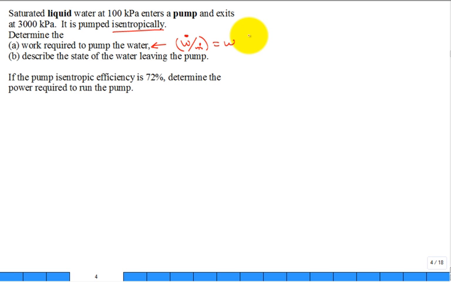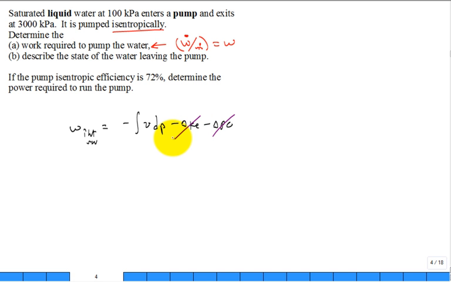Well, is it internally reversible? Sure. And we just did that where we had the w int rev is equal to minus the integral VdP, minus the change in kinetic energy and the change in potential energy. Well, those are negligible for a pump.